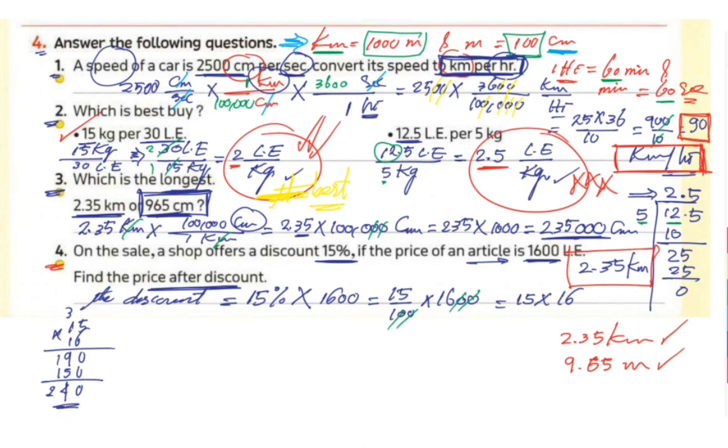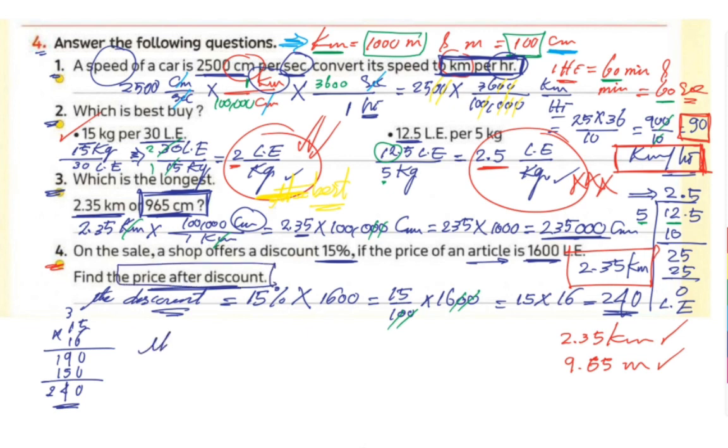Now the result is 240. That's the discount, 240 LE. Now I know the discount is 240. He asked us the price after discount.